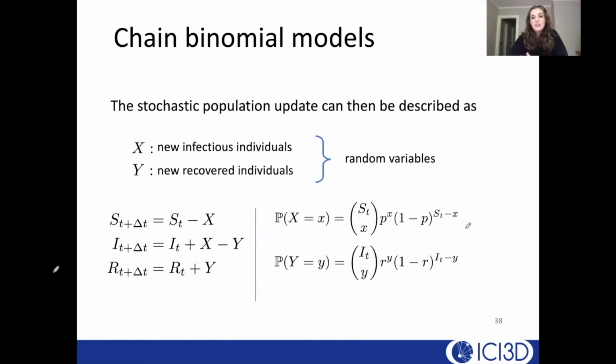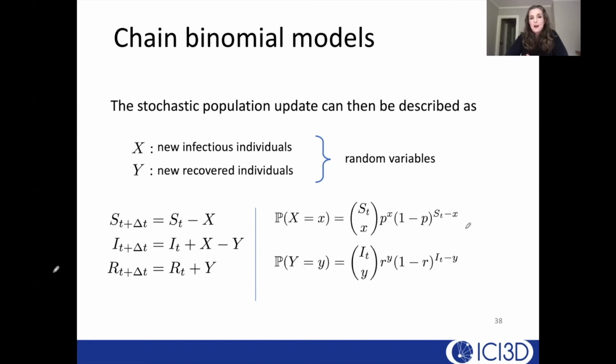And this leads to a little bit more complicated model, but we have X and Y as random variables for the new infectious individuals and new recovered individuals. Random variables are definitely worth a course on their own, so I won't get into what that means.